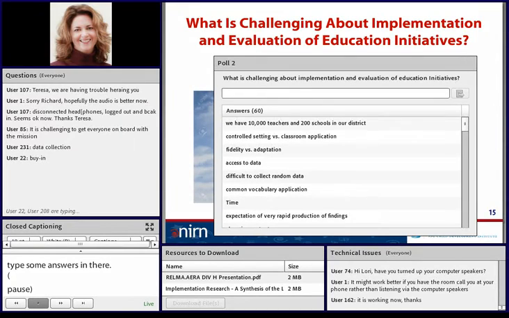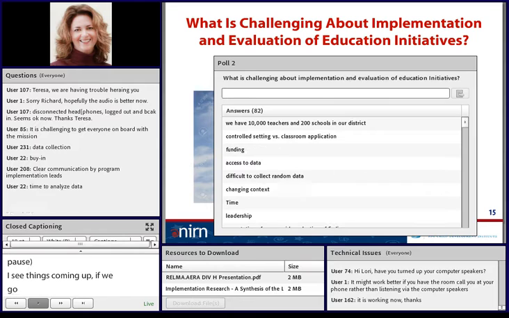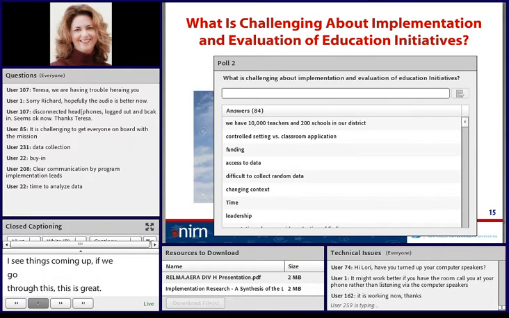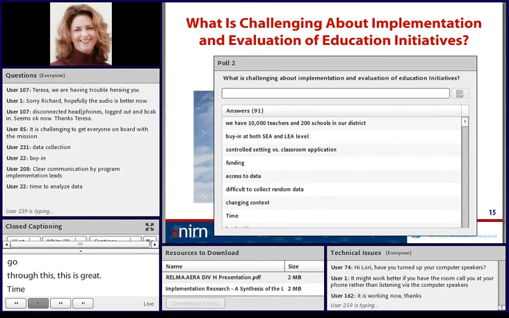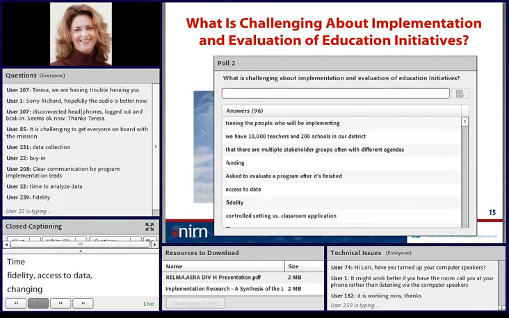I'm seeing some themes come up as we go through this, which is great. Time, fidelity, access to data, changing contacts, very real. Engaging and increasing buy-in.